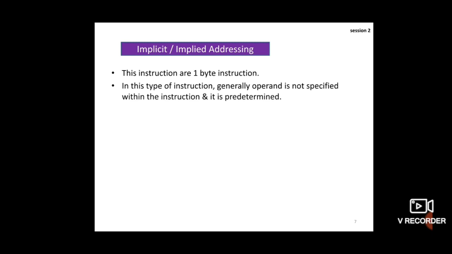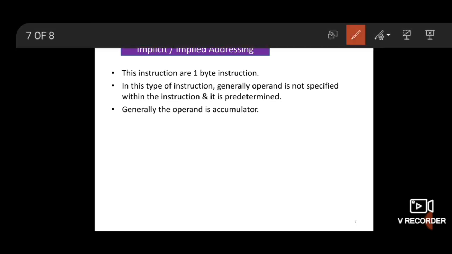But in this implicit or implied addressing mode, the operand is not specified within the instruction and it is predetermined, meaning it is defined within the instruction. Generally the operand is the accumulator. See, the accumulator is very important.